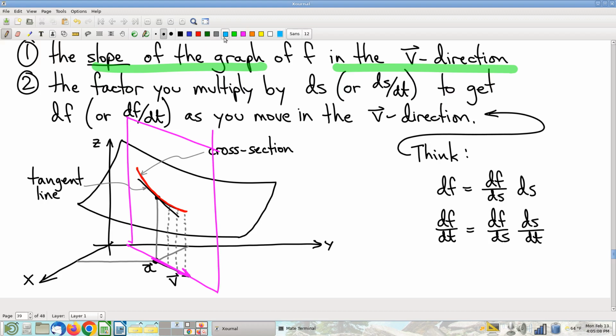I can talk about the tangent line to that cross section. Right, and I can talk about the slope of that tangent line to that cross section of that graph. And the directional derivative gives you that slope. Just like a partial derivative does. Is that cool? Everybody okay?